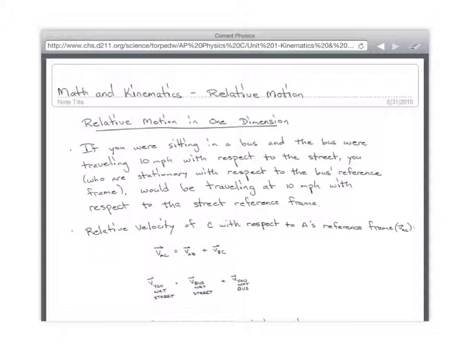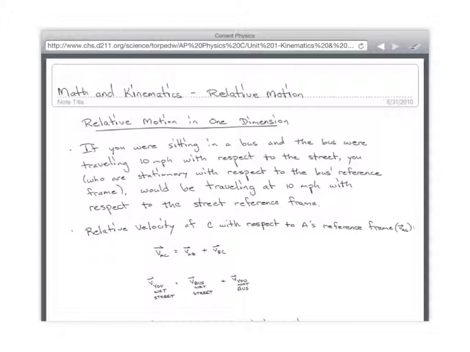Got it? What if you had a person throwing a ball on a bus, which is on a train, and you want to know the velocity of the ball with respect to the ground. What do you do?